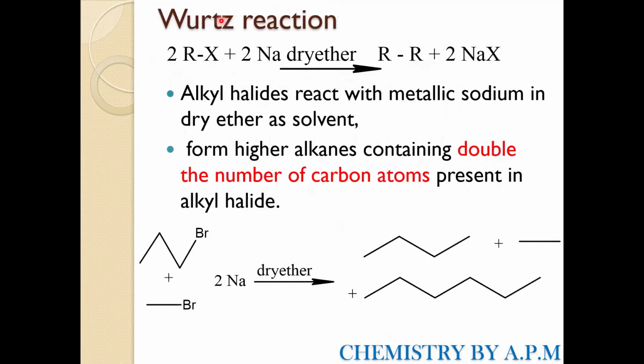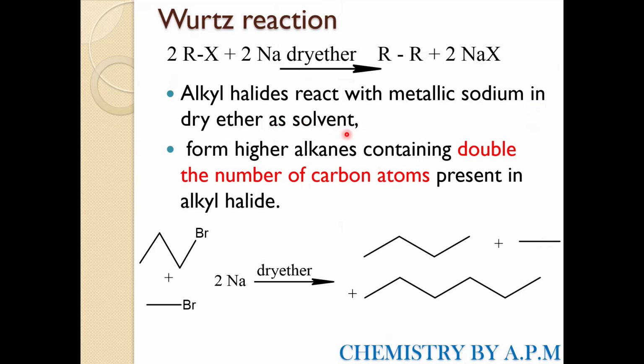Next, a simple and very famous reaction. Many times in board examinations as well as in different boards' examinations, this reaction is asked for 3 marks. So here, in the Wurtz reaction, the alkyl halide reacts with metallic sodium in the presence of dry ether as a solvent.